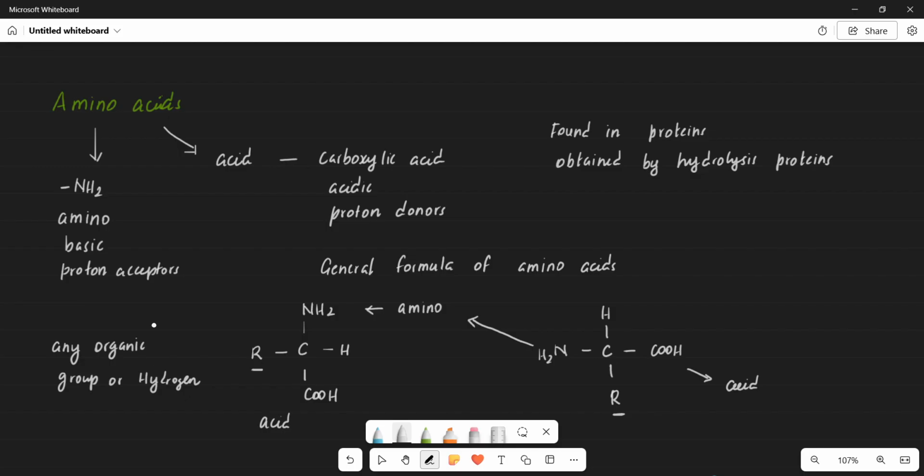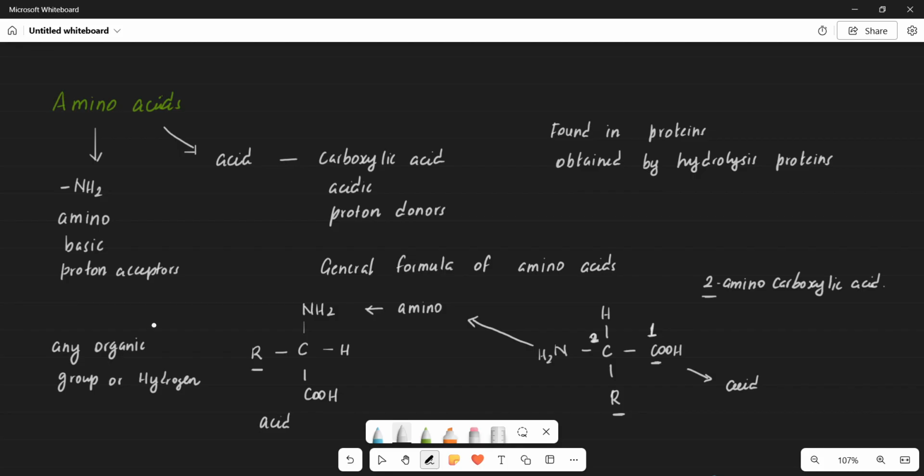Basically, there are different kinds of amino acids. This structure represents the amino acid which is 2-amino carboxylic acid. What this 2 refers to: if I consider the carboxylic carbon, this is always numbered as 1, the first carbon. Then the next carbon is the second carbon.